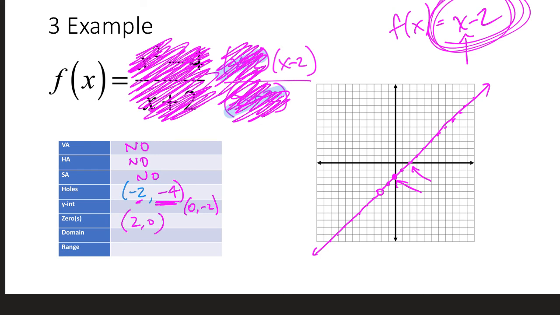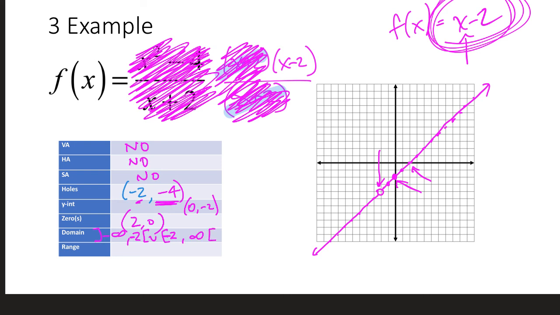What's the domain? What are all the x values? Well, there's a whole bunch of them, except for right here. So it goes from -infinity up to -2, non-inclusive, and then it starts back up at -2 and goes to infinity.